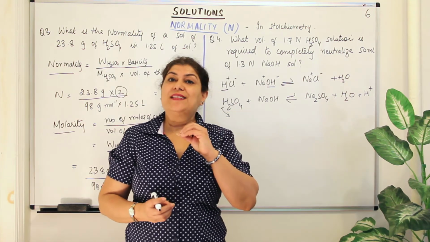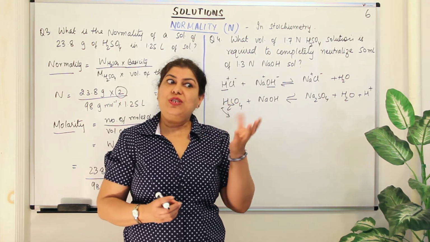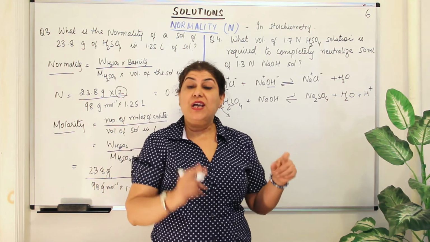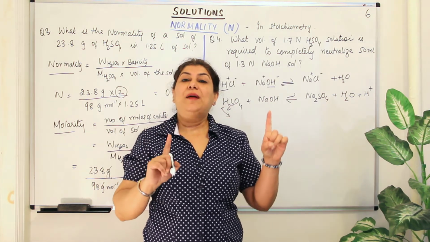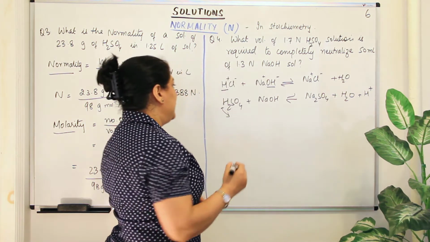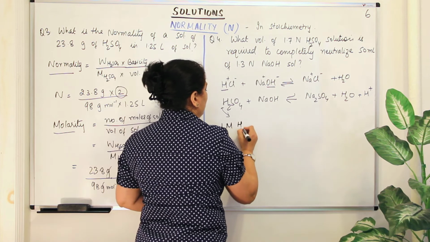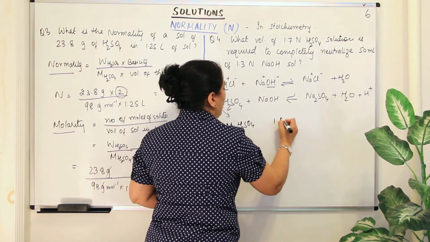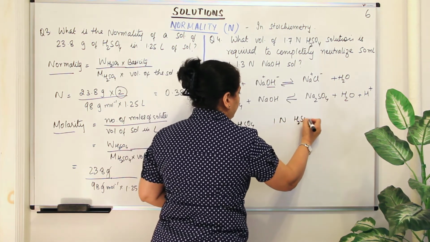And in those cases, normality becomes more important because it equalizes the number: one normal of one solution and one normal solution of the other. For example, let us take one molar solution of H2SO4 and one normal solution of H2SO4.